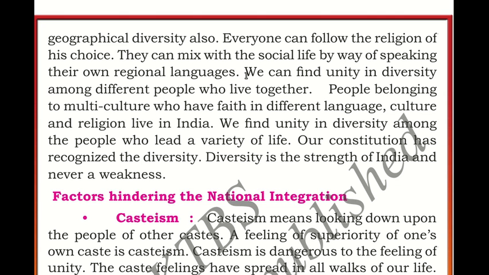We can find unity in diversity among different people who are living together. People belonging to multicultural backgrounds, who have faith in different languages, cultures, and religions, live in India. We find unity in diversity among the people who lead a variety of different kinds of life. Our constitution has recognized the diversity. Diversity is the strength of India and it's never a weakness.